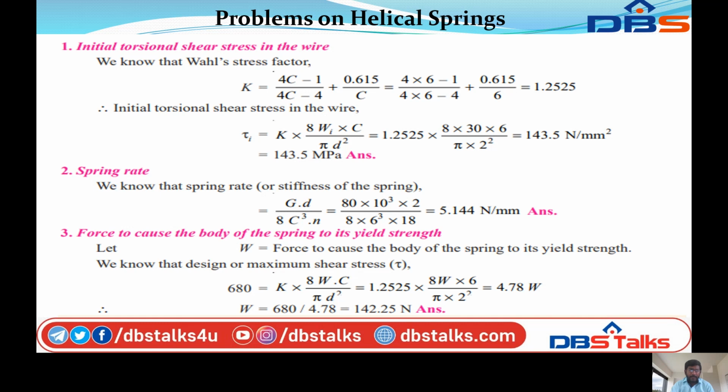So we can calculate the W. Tau is already given 680, K equal to 1.2525 into 8 into W into C 6 by pi into small d is 2, 2 square. So that is equal to 4.78 W. Now we can calculate the W. So W is equal to 680 divided by 4.78. So finally W is equal to 142.25 Newton.